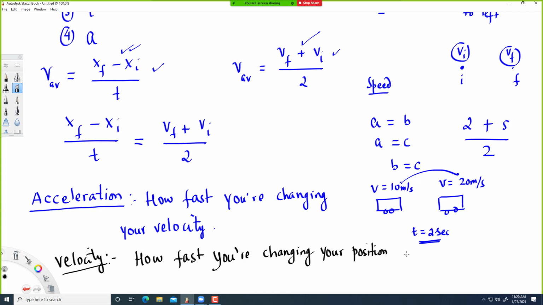WRT is with respect to something. Whereas velocity is how fast you are changing position, acceleration is how fast you are changing velocity. That's the distinction between acceleration and velocity.